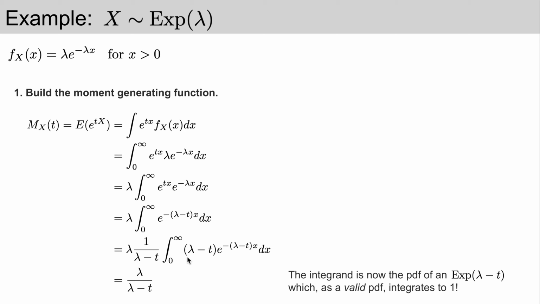And since the PDF is valid, we know that it integrates to 1. Thus, the moment generating function M of t for an exponential model with rate lambda is lambda divided by lambda minus t. I encourage you to go back through that calculation one more time because each step is important.